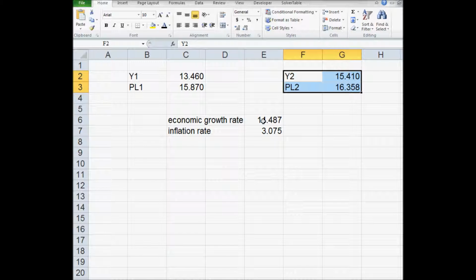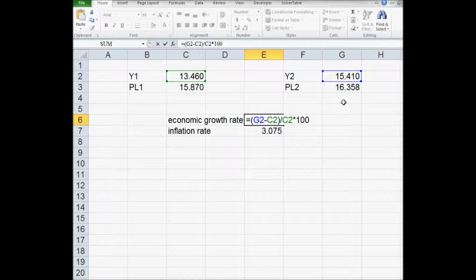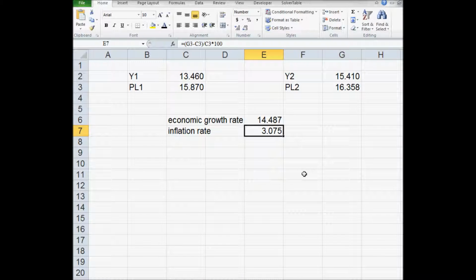The economic growth rate for scenario B is what GDP is minus what it was, divided by what it was, times 100. The inflation rate is equal to what the price level is minus what it was, divided by what it was, times 100.